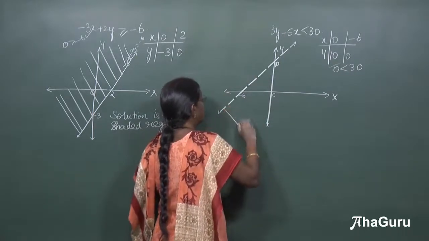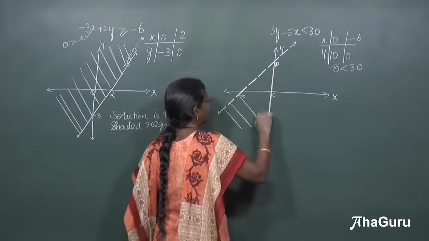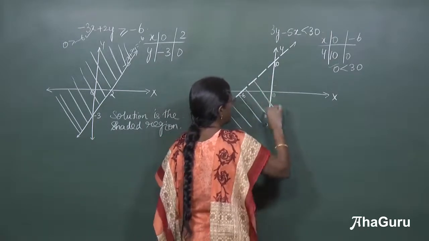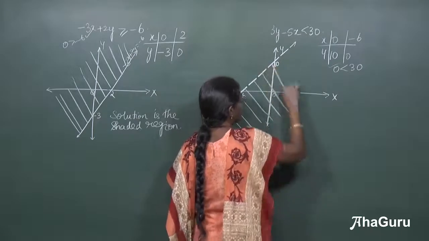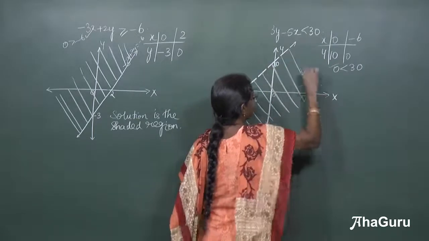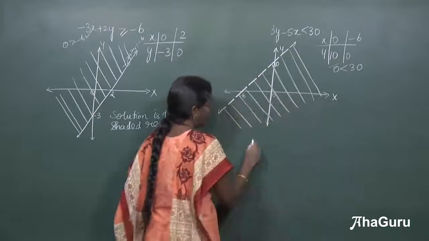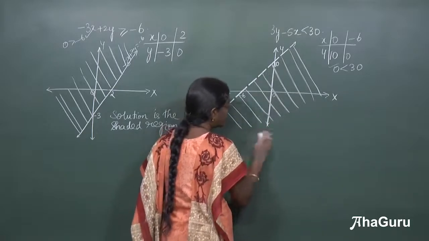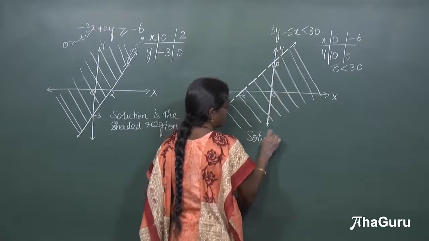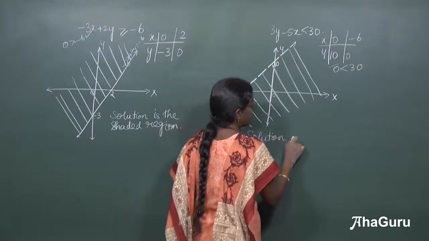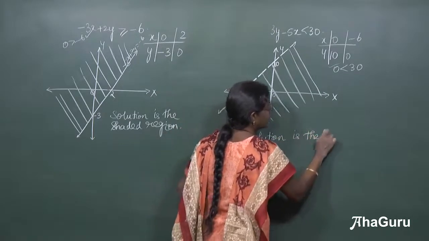The region to be shaded will be the side where the origin lies. Okay, and write that the solution of this inequality is the shaded region.